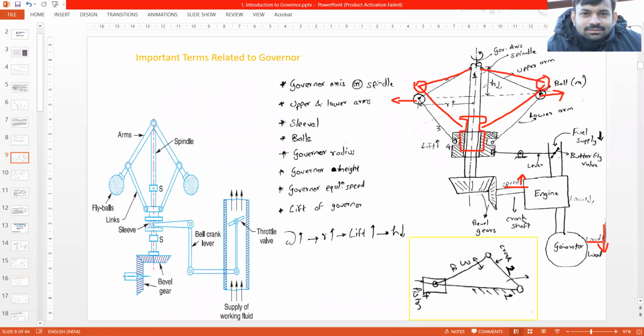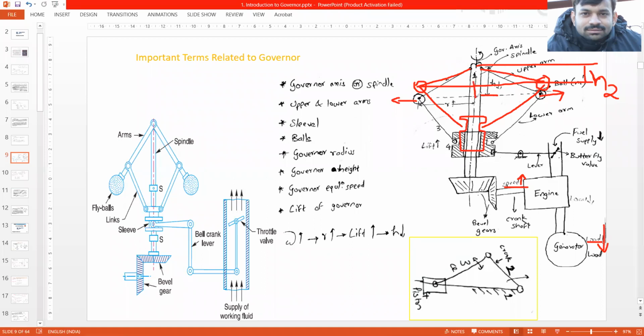All right. So initially the height was this. Now the plane of the balls has lifted up, and now the height of the governor is this, that is h2. So as you can see, as the speed increases, this height reduces.